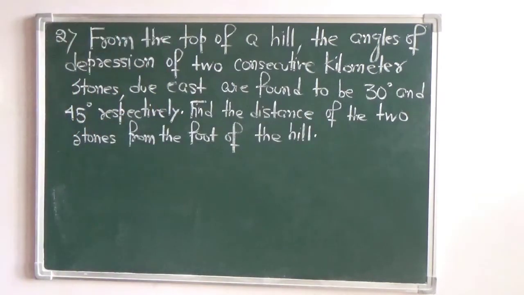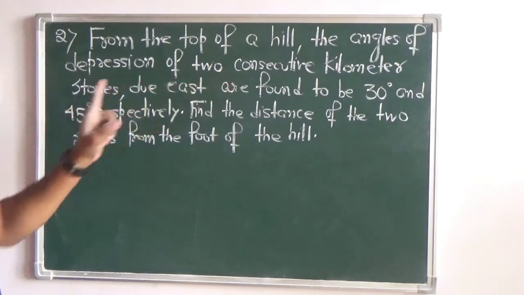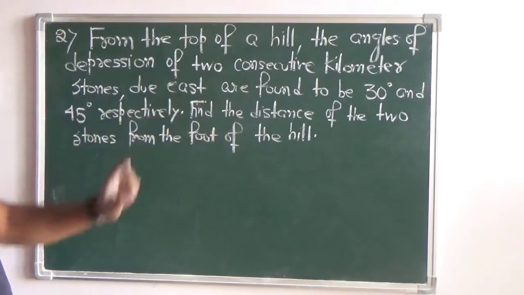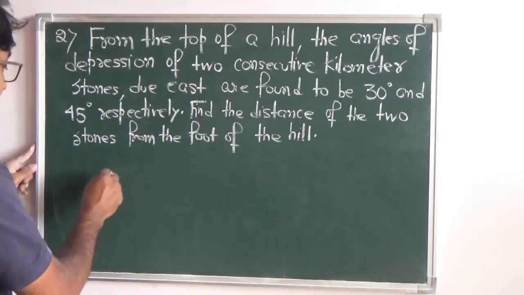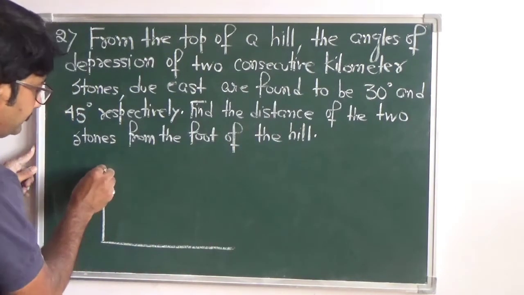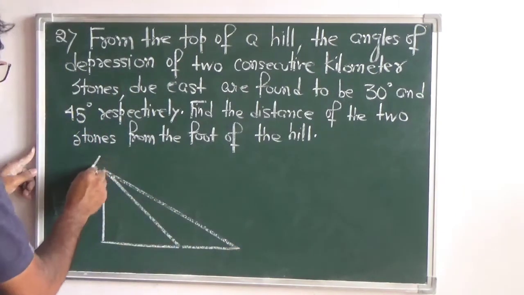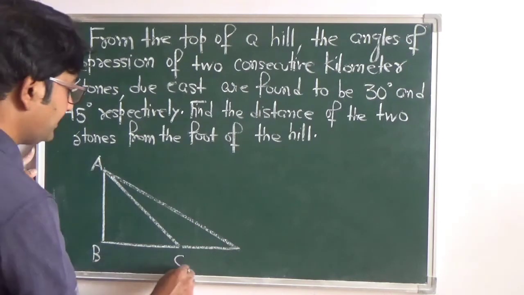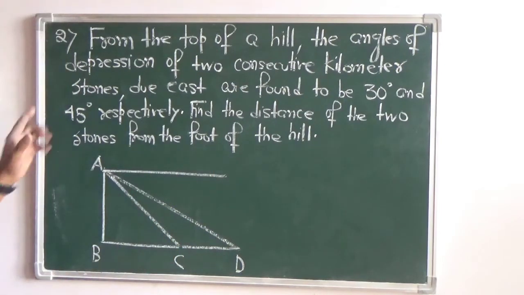So this is the question. First you need to draw the diagram. Let us read the question once again. From the top of a hill, the angles of depression of two consecutive kilometer stones due east are found to be 30 degrees and 45 degrees respectively. Find the distance of the two stones from the foot of the hill. So if this is the hill, this is A, B, C and D. We are given the angles of depression, mind it.